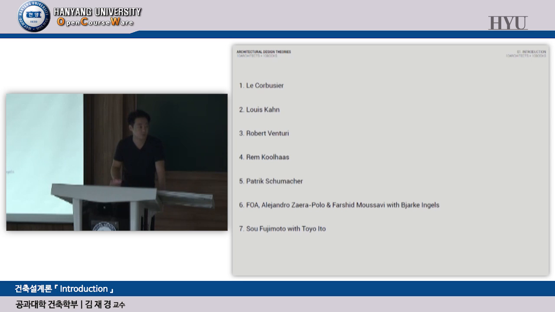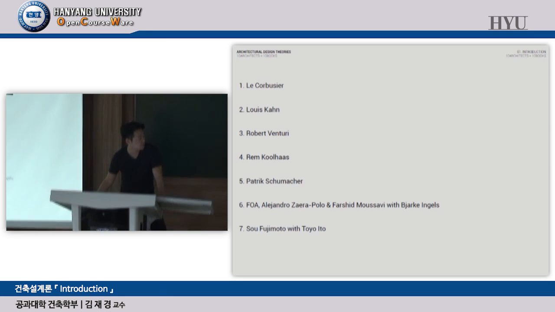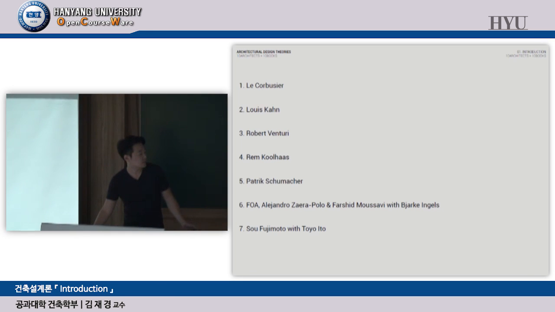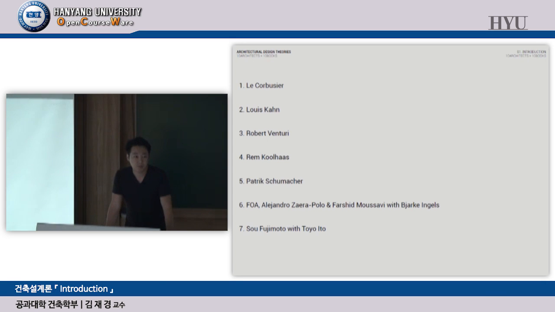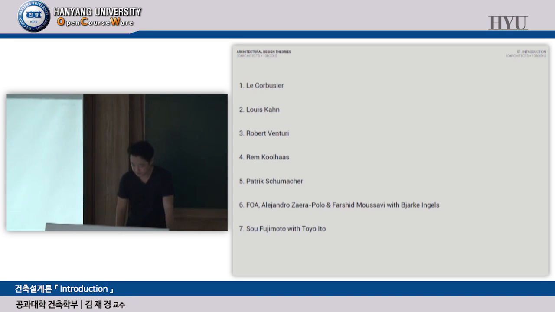We have many locally oriented architects, but not many global architects. So that's why I selected a Japanese architect, Fujimoto. He has not only interesting buildings, but also interesting writings too. So I want to look at Fujimoto for the last part.